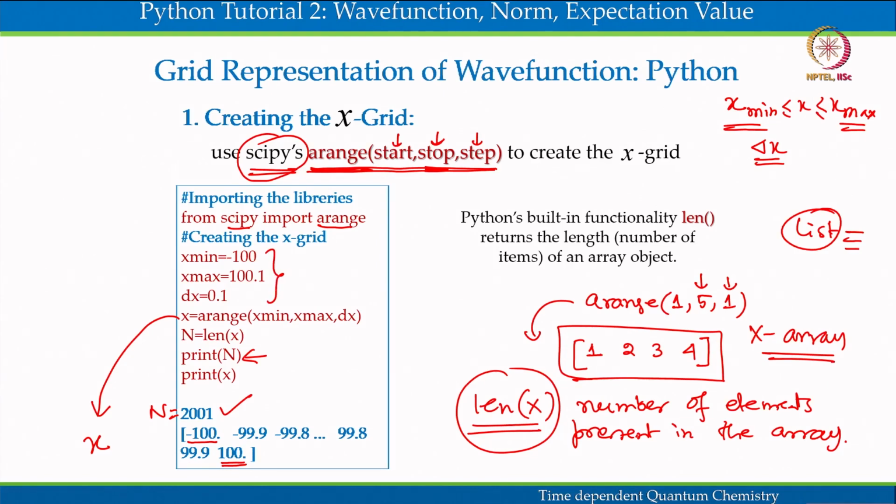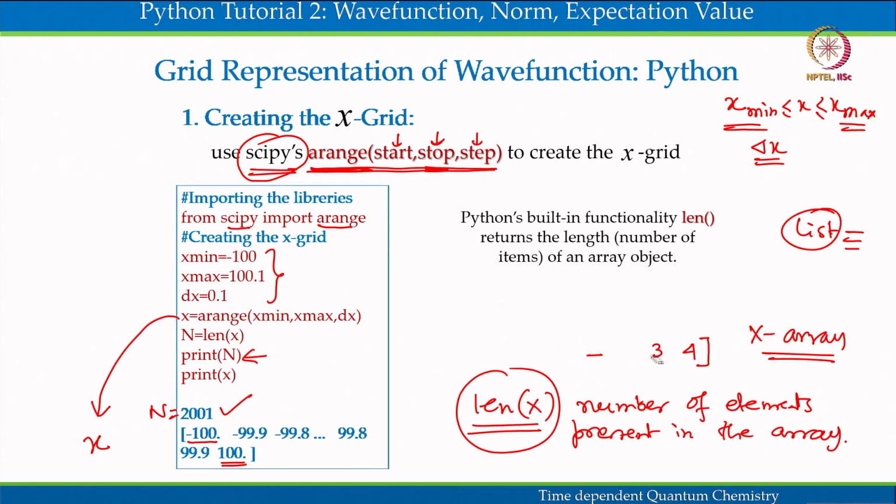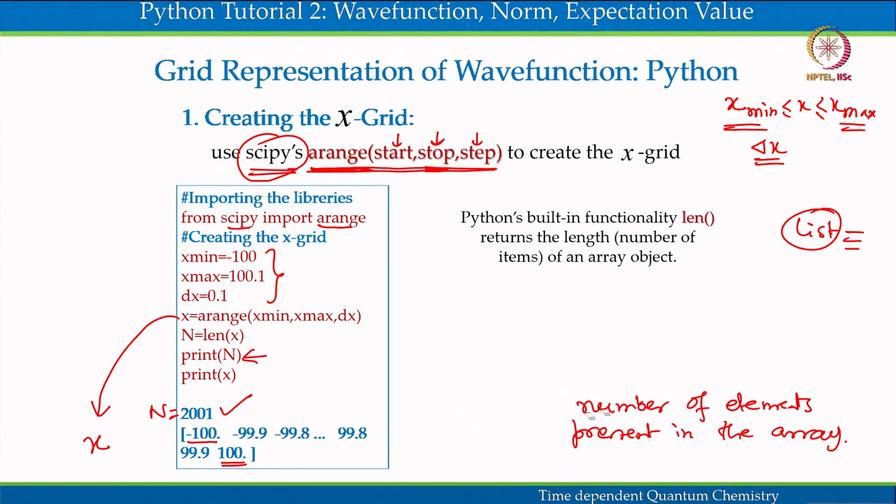Now we can recheck. Whenever we are following numerical methods, in the beginning we should always try to match the result with an analytical solution. So we have already seen that n can be calculated. N is nothing but the number of elements I will have in the grid.